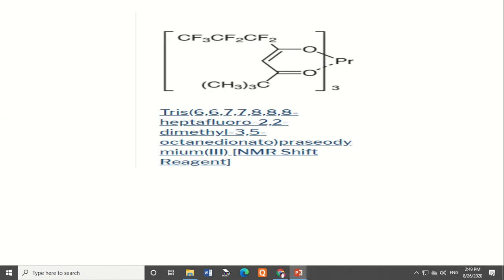Friends, now the praseodymium complex. The structure of the praseodymium complex is like this. The name of this compound is 6,6,7,7,8,8,8 heptafluoro 2,2 dimethyl 3,5 octanedionato praseodymium plus 3 oxidation state.